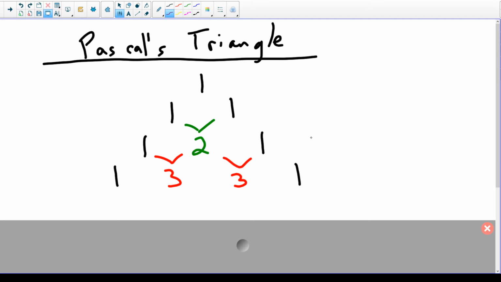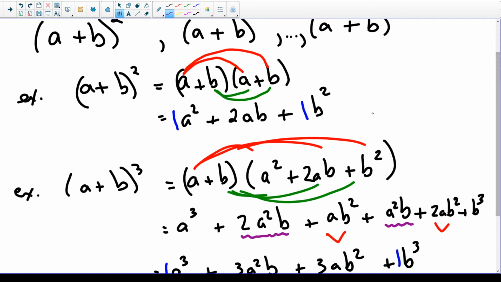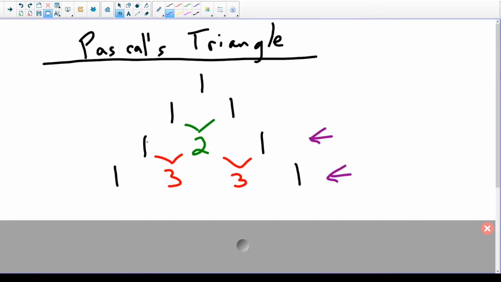Now I want you to look at this row and this row and compare it to the previous slide's coefficients for this guy and this guy. The coefficients for a plus b squared are 1, 2, 1. Okay? Well, that's the exact same numbers we got here, 1, 2, 1.